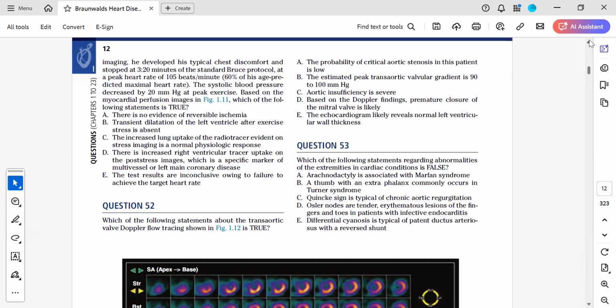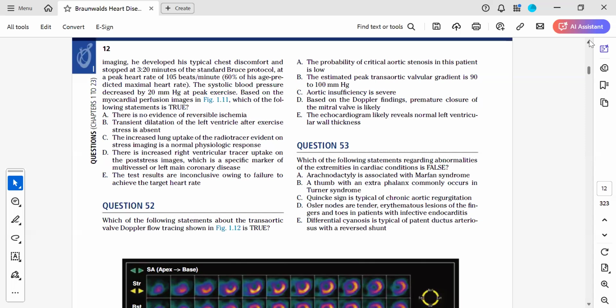Other echocardiographic criteria are an area of less than 1 centimeter square and a mean pressure of greater than 40. For this patient, the mean is estimated to be around 60 and the peak is around 100. So the statement that the probability of critical aortic stenosis is low is false.